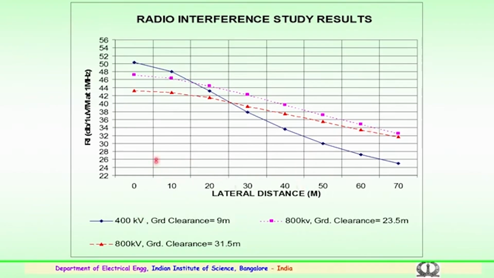In case of a 400 kV EHV line, you can see from 50 plus dB it comes down to 26 or 28 decibels as the distance reaches around 70 meters laterally. For 800 kV, as the distance increases beyond 25 or 30 meters, the radio interference values also decrease. So, these are various studies which have been conducted after the energization of the UHV and EHV levels.